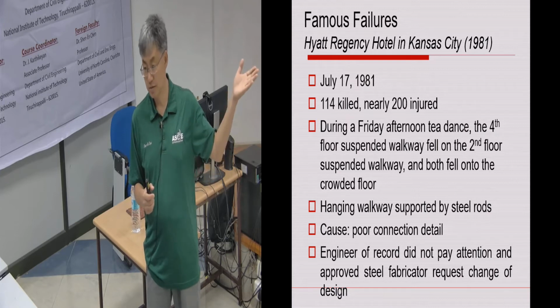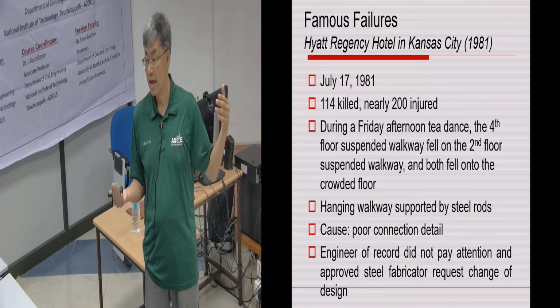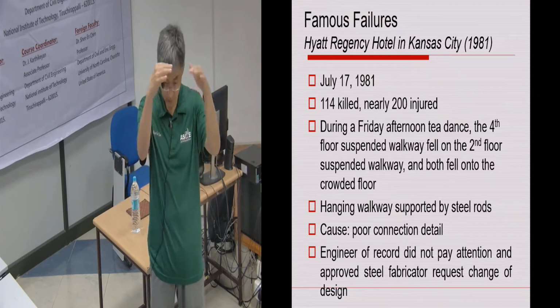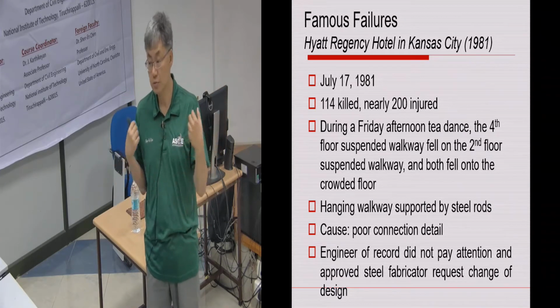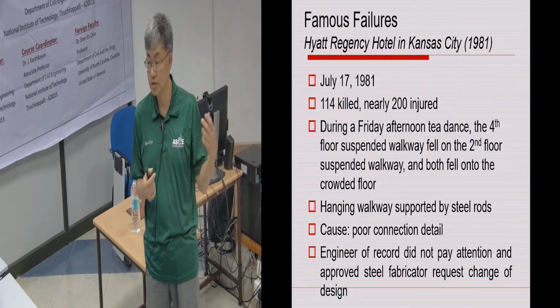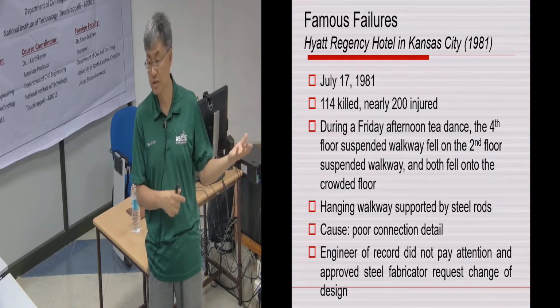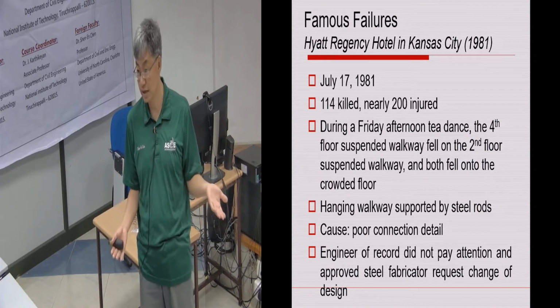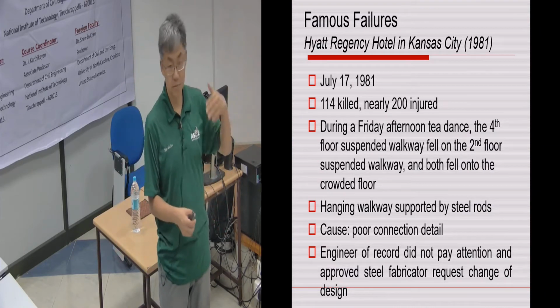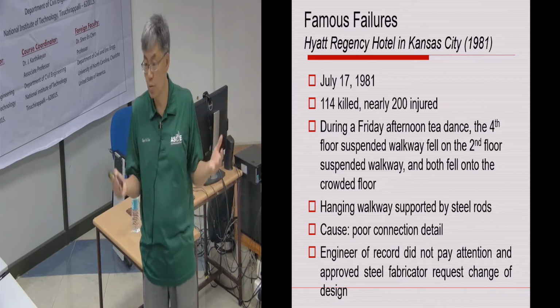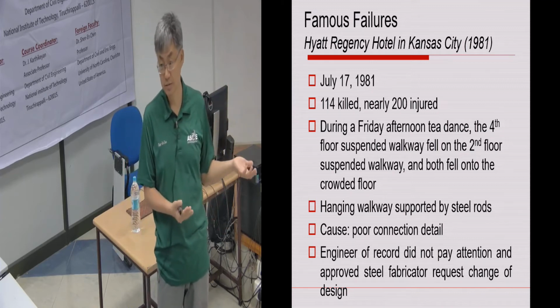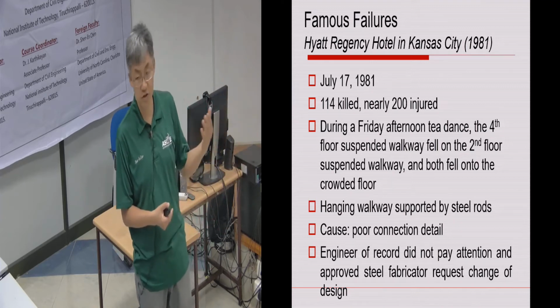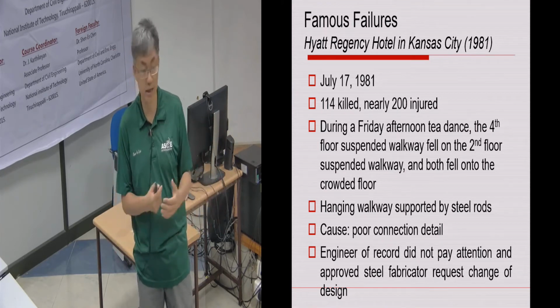A lot of the dead were actually ladies, and when they fell from higher up, their dress was not proper. So this is the first time at an incident site that they covered the bodies to show respect for the dead. Many of these things we were not prepared for in this kind of accident, and this is the first case where we showed respect to the dead.